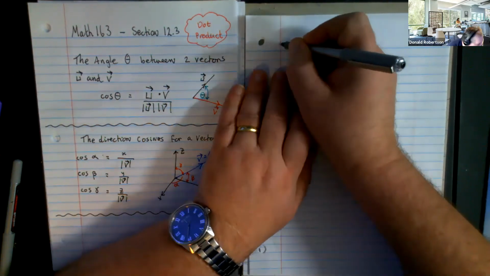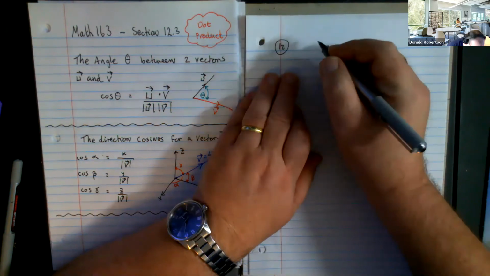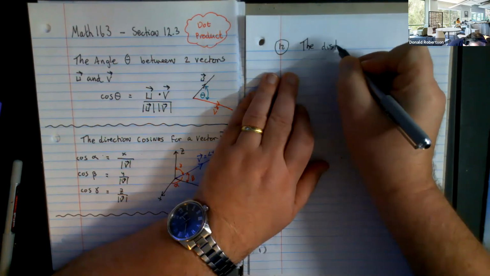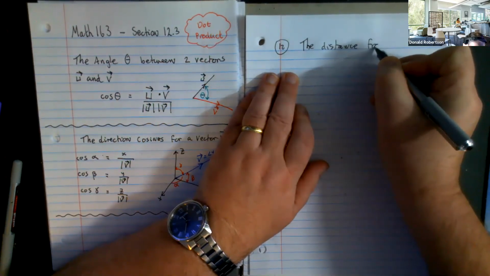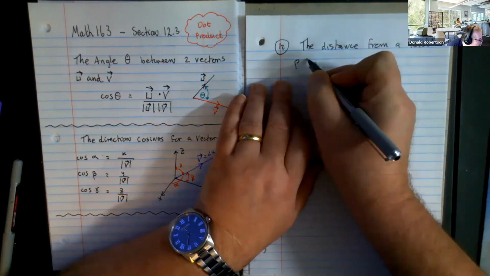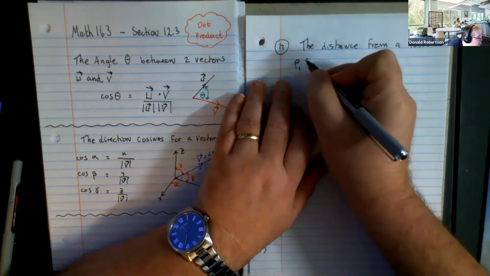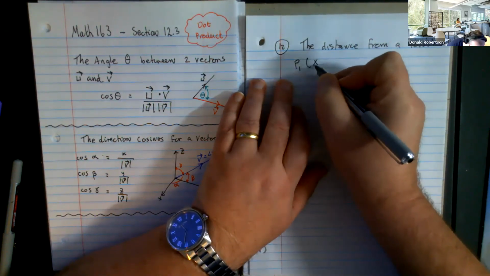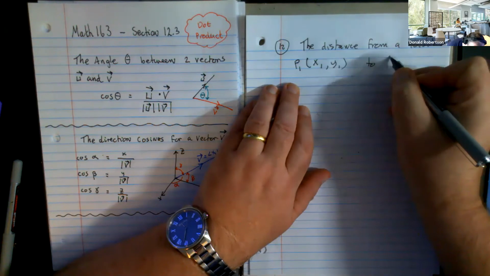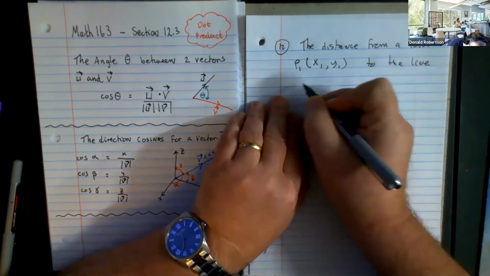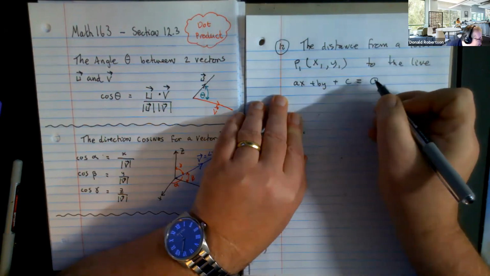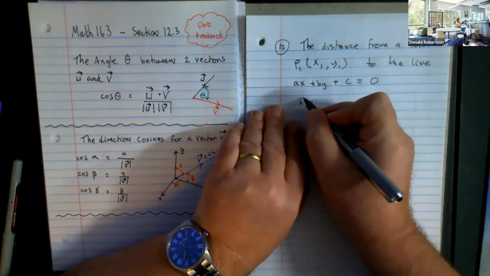You're given in question 12 that the distance from a point P1 with the coordinates x1, y1, so this is really a 2D guy, to the line written in this format, ax plus by plus c equals 0, is given by this formula.